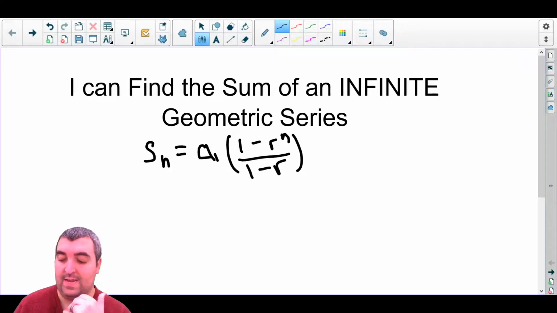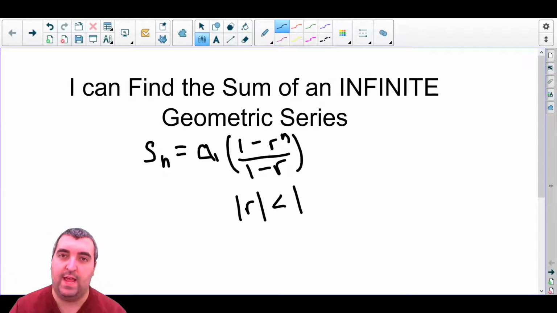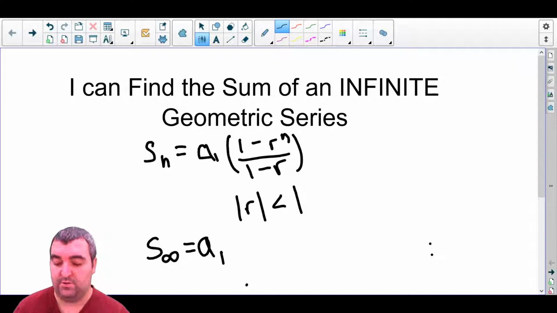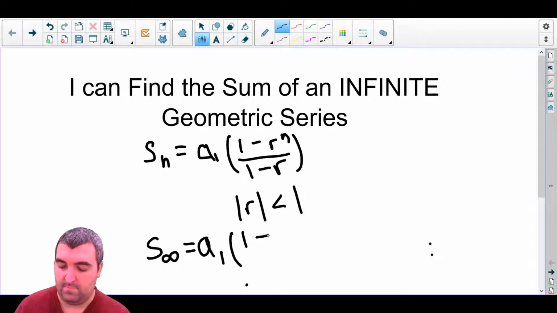But now if the absolute value of r is less than 1, so it's that fractional value like 1/2, what that means is if we do the sum as we go to infinity, it's going to be the first term and then 1 minus, now n goes to infinity, but when you raise r to that power, and r being smaller than 1, you end up going to 0, because it's approaching 0 as it gets to infinity. And then you'd have 1 minus r here.